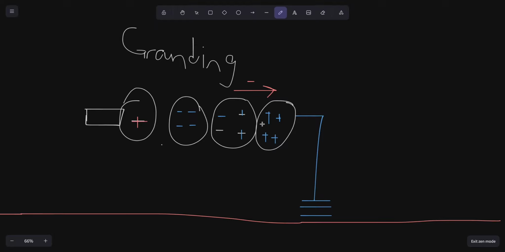Well, if I have positive charges in the back, what do positive charges attract? Positive charges attract negative charges. And so negative charges are actually going to rush in from the earth, from the ground, and there's going to be more negative charges here because they're attracted to positively charged things. And so if I then remove the grounding, look at the net charge. Now we have more negative charges than positive charges.